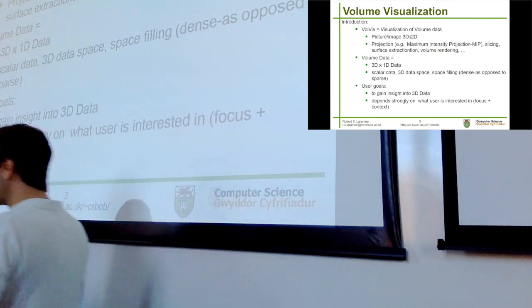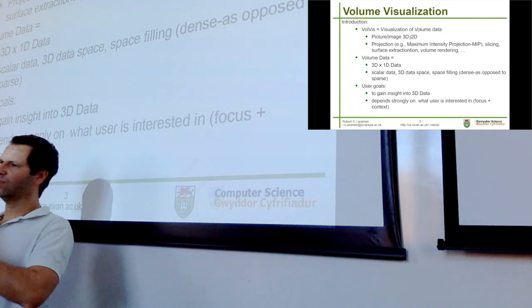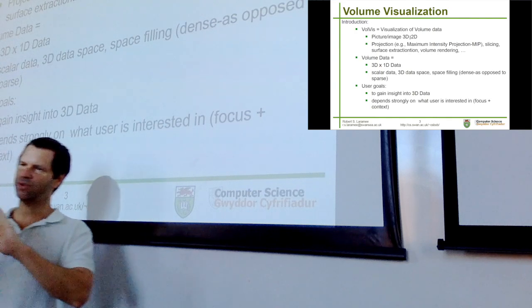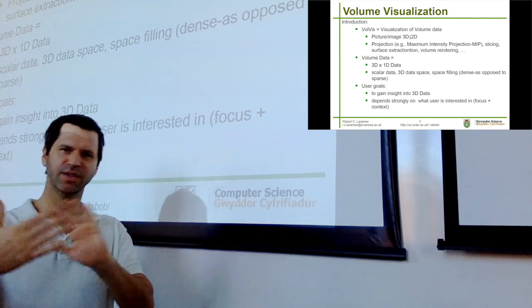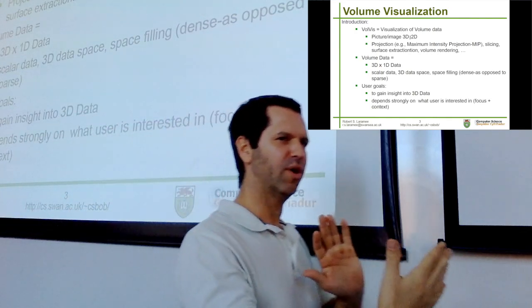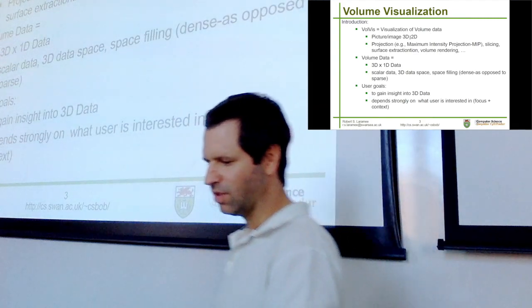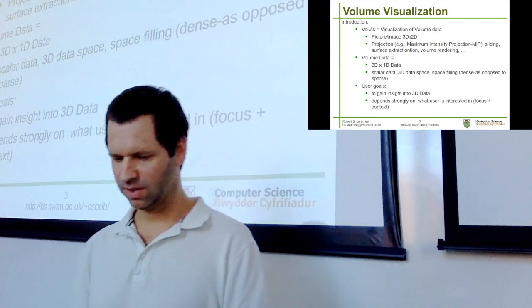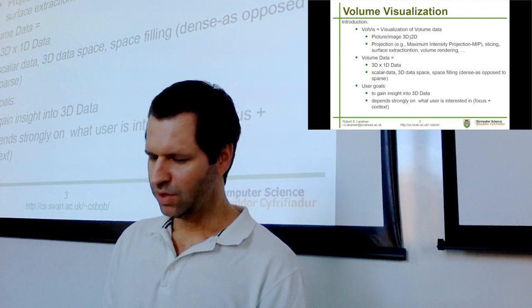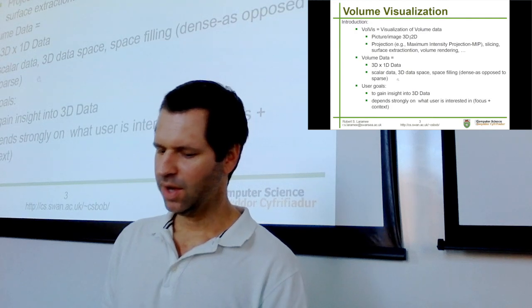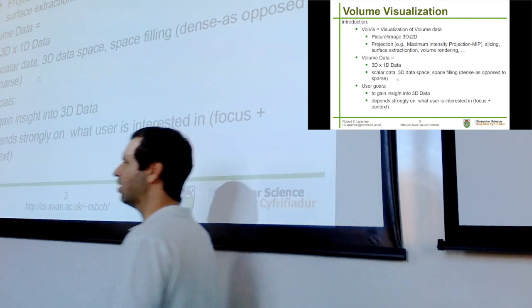Like, what about occlusion? What about depth? What about some data hiding behind other data? What about the massive amount? Right? It's a big amount, so it's a tricky business. So it's generally a 3D array of scalar data.